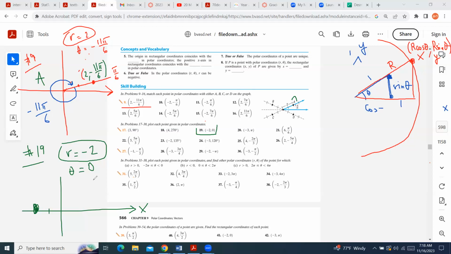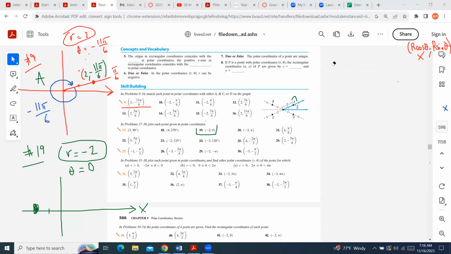So making a picture, again, just be aware that it's not xy, it's a pair. r is dealing with the distance to the pole, and the second one is not a y, it's an angle, so it's totally different.